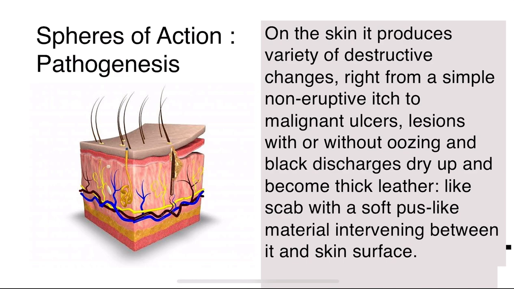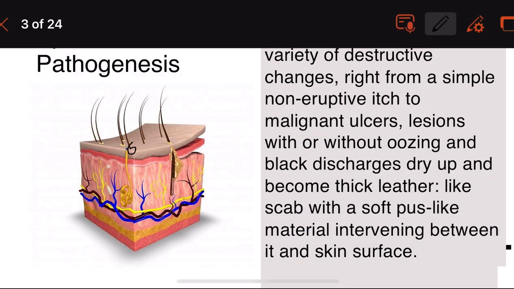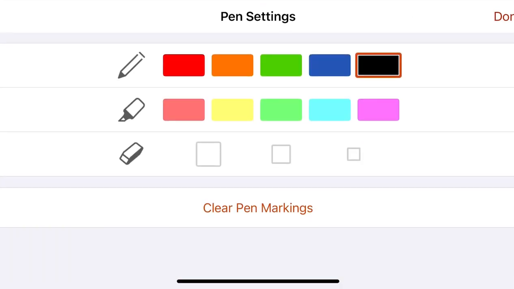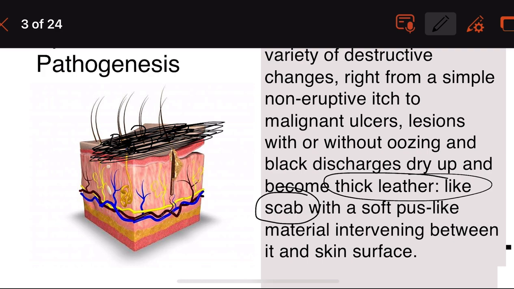It produces lesions with or without oozing. If there is oozing, the black discharges will dry up and become a thick, leather-like scab.